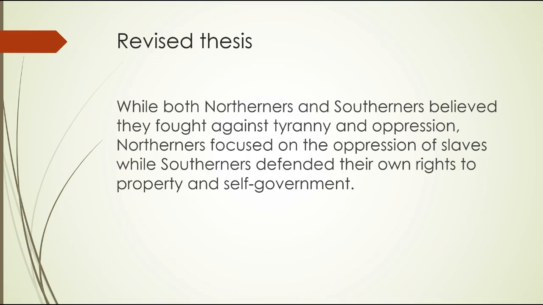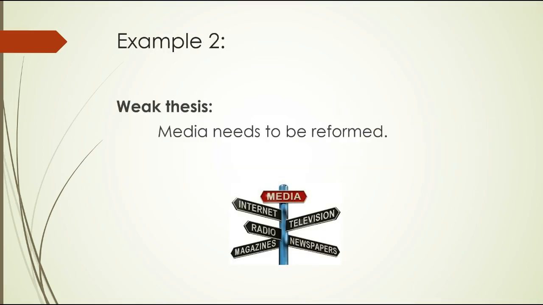Keep in mind that this is one of many possible interpretations of the Civil War. It is not the one and only right answer to the question. There isn't a right answer. There are only strong and weak thesis statements and strong and weak use of evidence.